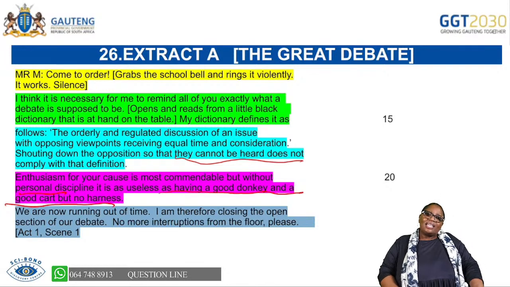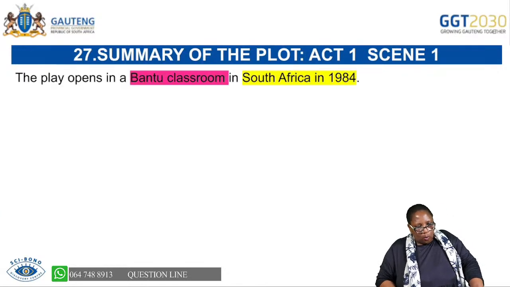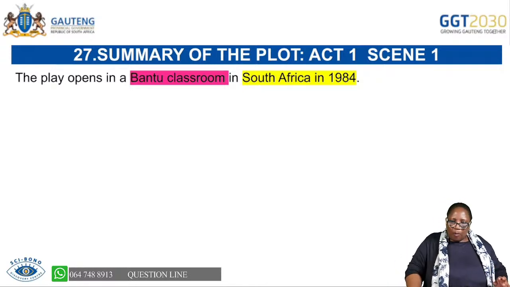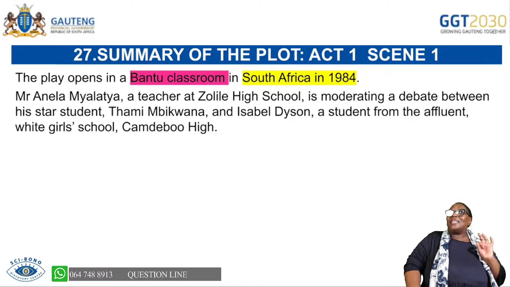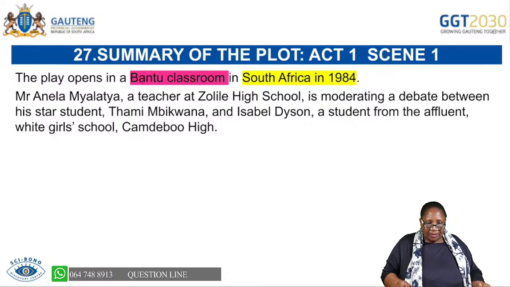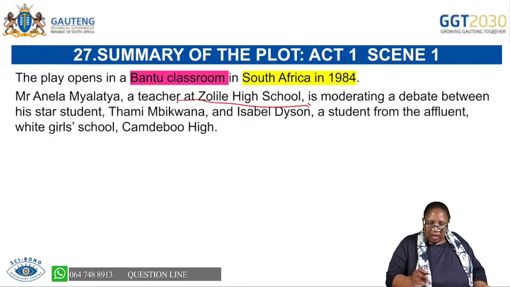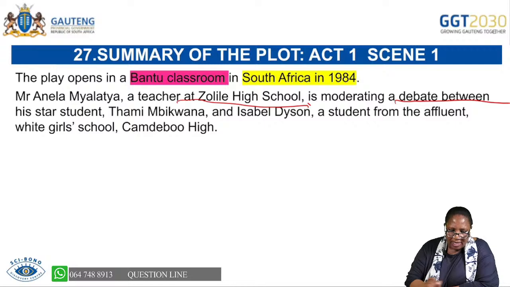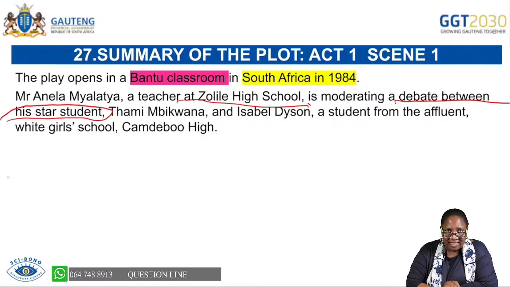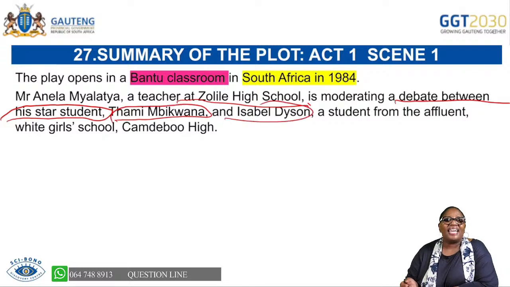And that you'll find where? In Act 1, Scene 1. The play opens in a Bantu classroom in South Africa in 1984. Mr. Myaleja Anela, Mr. M, is a teacher at Zolilo High School and is moderating a debate between his star student, Tammy Mbikwan, and Isabel Dyson, who comes from an affluent white girls' school.